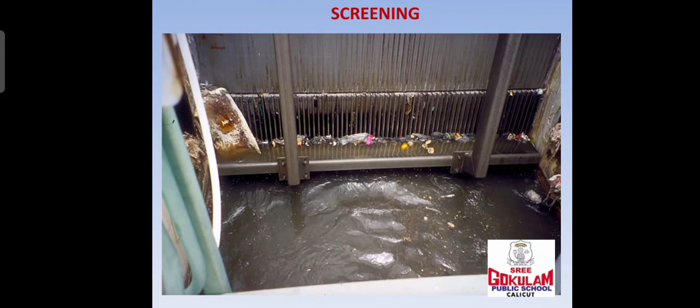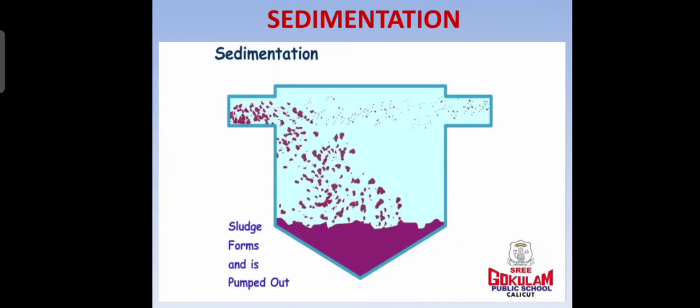The heavier or larger impurities like stones, leaves and so on can be removed by using screens, and this process is called screening. And the second method is called sedimentation. What is sedimentation? The process of removing heavier insoluble impurities from water is called sedimentation.